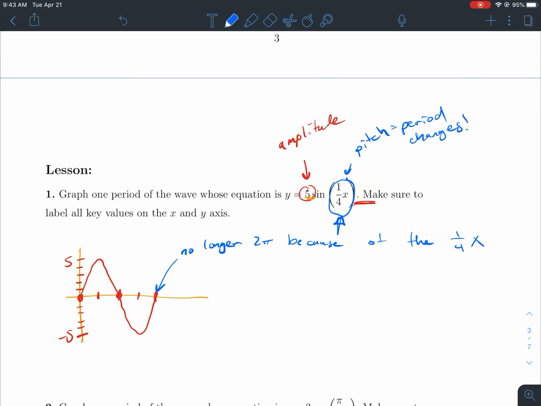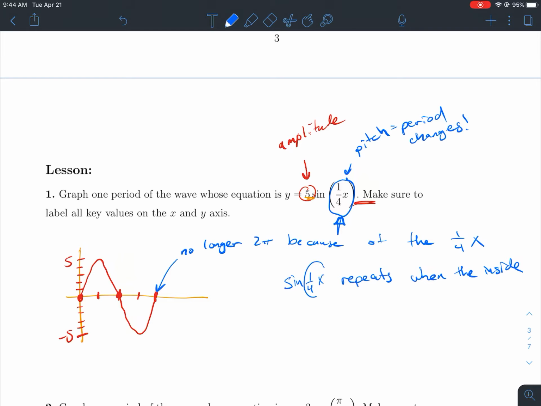So in order to be exact about what number is going to go there, the way that we figure that out is we say, okay, well, sine of x repeats when the inside, actually let me just use the one from the problem.